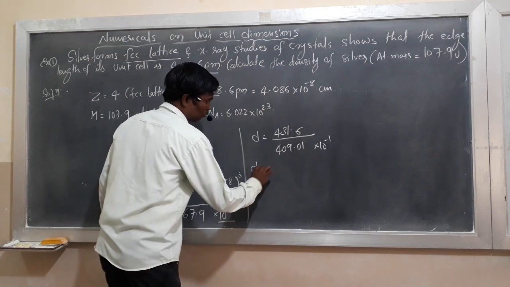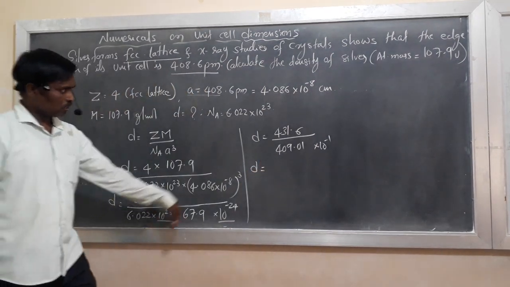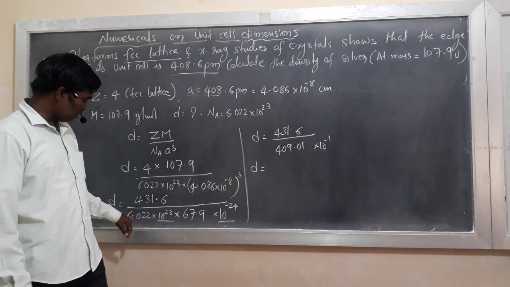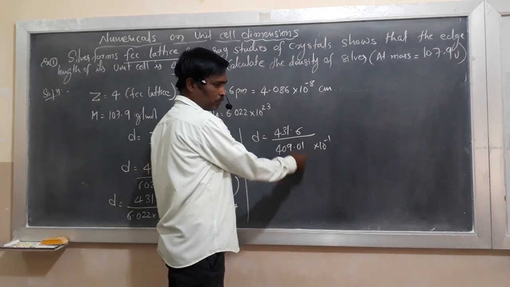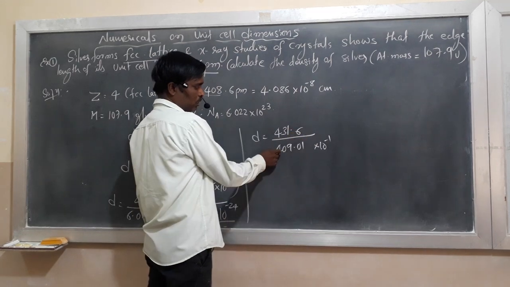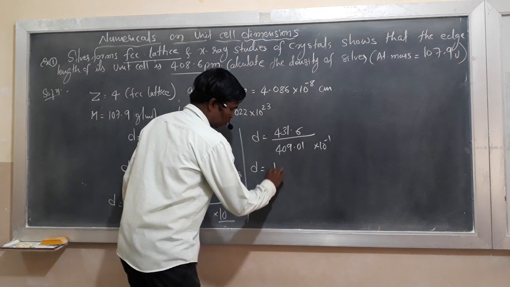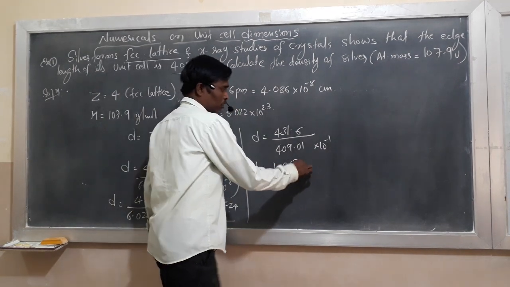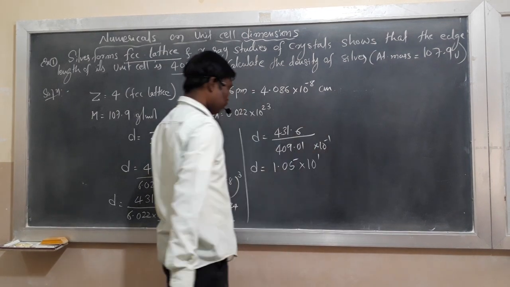Now D is equal to, I have already done all this calculation, I am just putting these values. You can check these by using a calculator. 6.022 into 67.9 gives 409.01. Therefore D is equal to 431.6 divided by 409.01, so that gives 1.05 into 10 raised to minus 1. The 10 raised to minus 1 goes to the numerator, so it is 10 raised to plus 1.